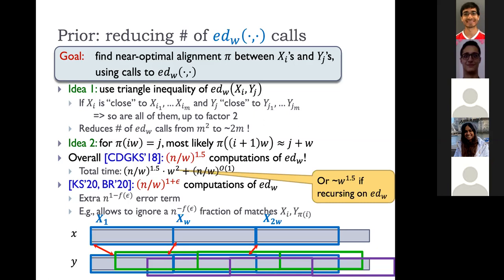So I can ignore something like n to small function of epsilon fraction of matches, I don't need to find, right? I mean, this will introduce some additive approximation, but that's okay. We already have additive approximation. Okay, so this is the prior stuff, right?